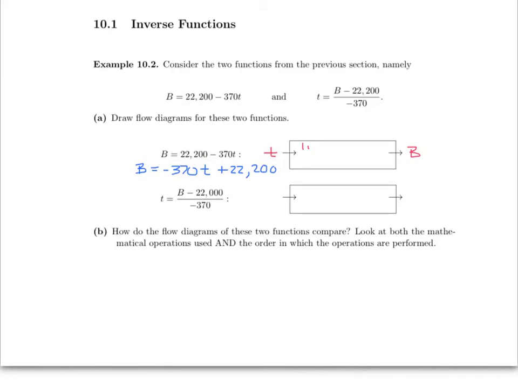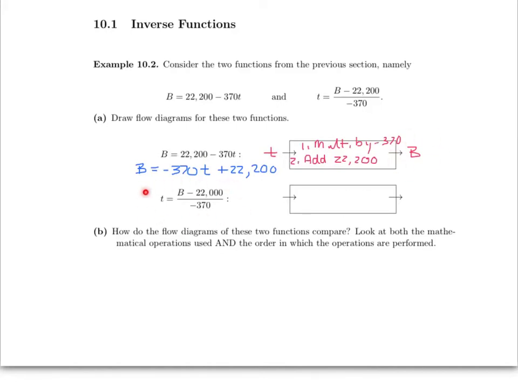So the very first thing that happens is we multiply by negative 370, and the second thing that happens is we add 22,200, and once that's been done, we get our output b.